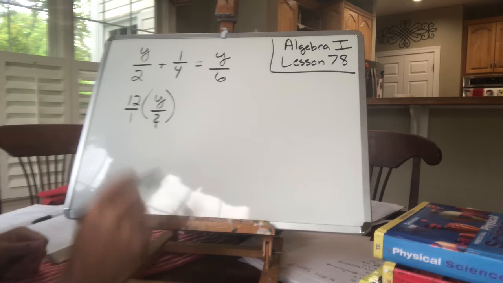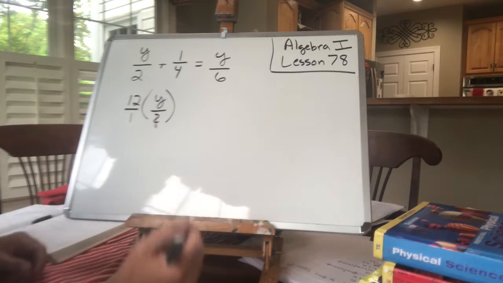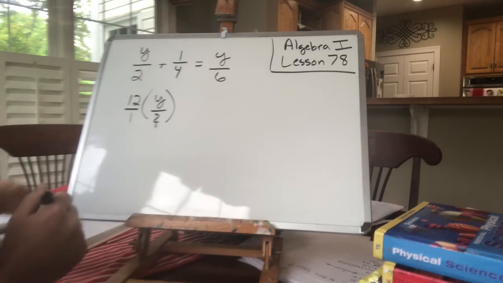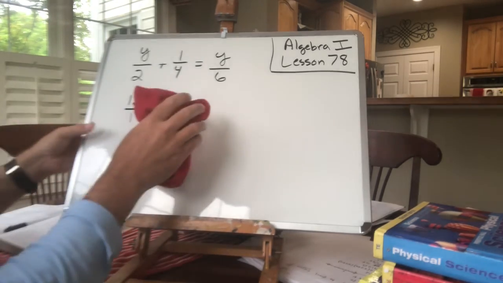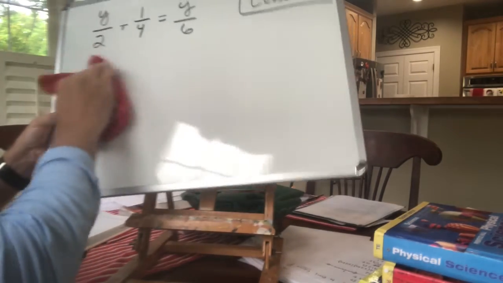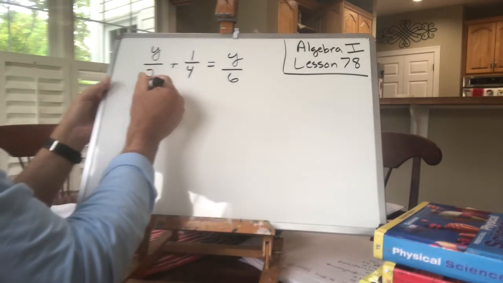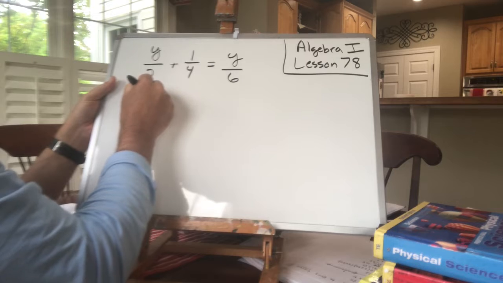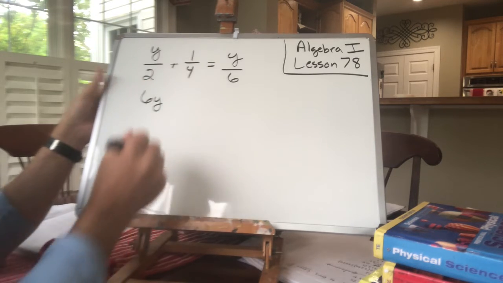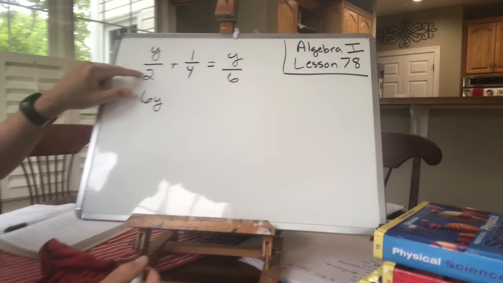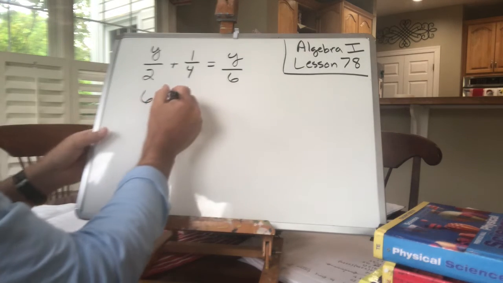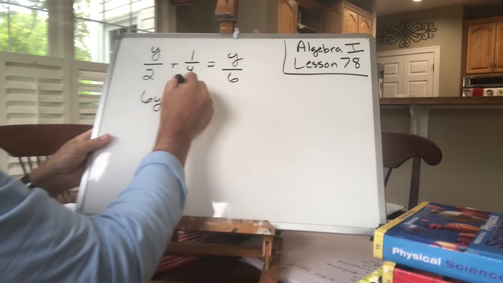If we cross-reduce 12 and 2, it's going to equal 6 over 1. So this one is going to equal 6y, right? Because this one down here becomes a 1 plus, right?